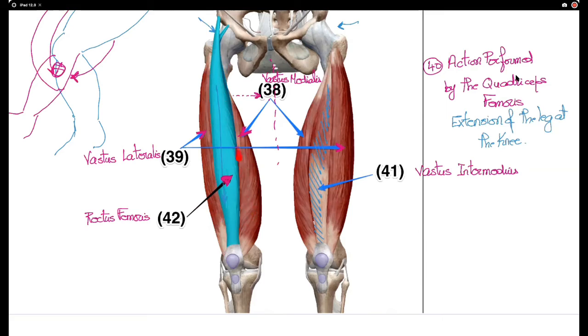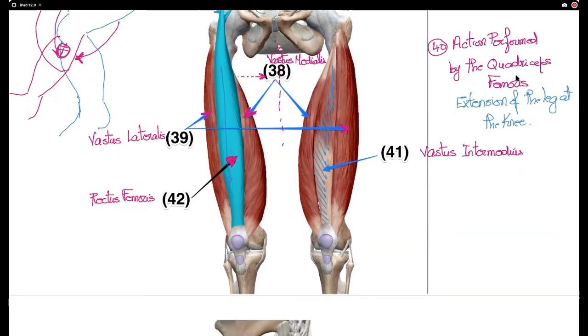And located between the vastus lateralis and medialis, this is going to be my vastus intermedius. All the four muscles, as you see, will have a common tendon that will be inserted in the tibial tuberosity. All the four muscles are going to help with the extension of the leg at the knee joint.